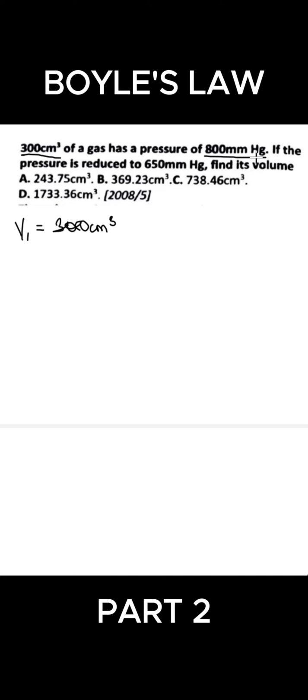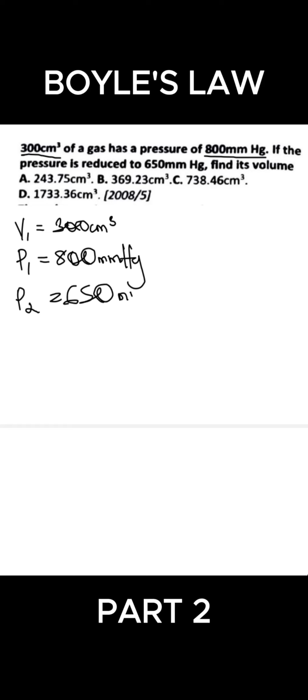Take note, millimeter mercury is pressure. This is P1, the starting pressure. So P1 equals 800 millimeter mercury. It says if the pressure is reduced to 650 millimeter mercury, which becomes our final pressure, P2 is equal to 650 millimeter mercury.